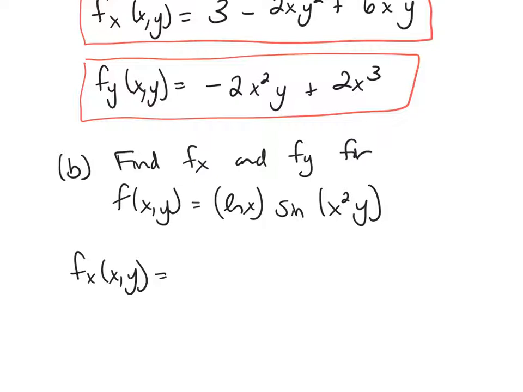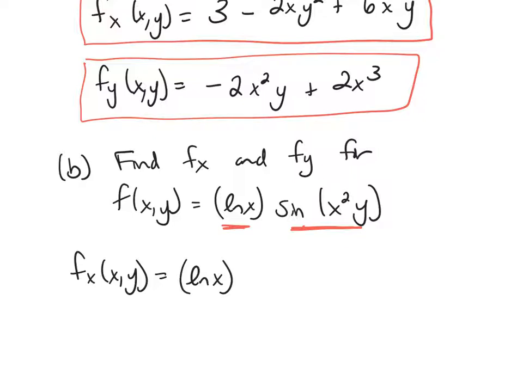Well, if you look, I have a product, and both of these things involve x in them. There's an x there and an x here, so you're going to have to use the product rule. So I copy the first one down, ln of x, and then I need to take the derivative of sine of x squared y.